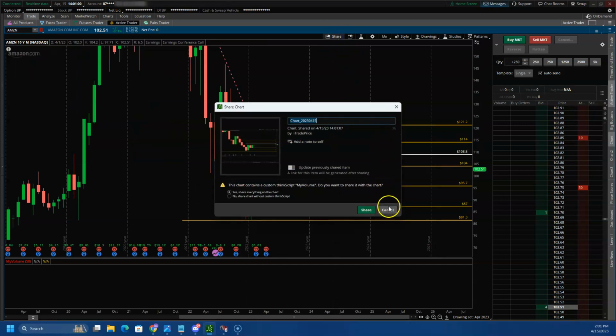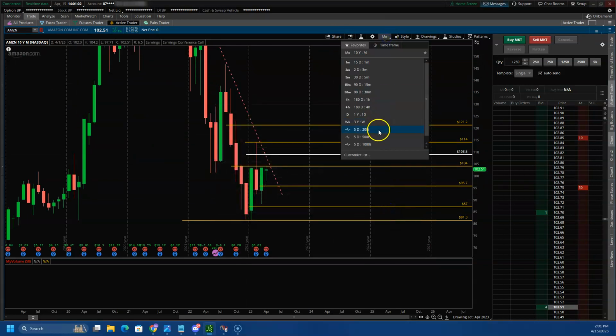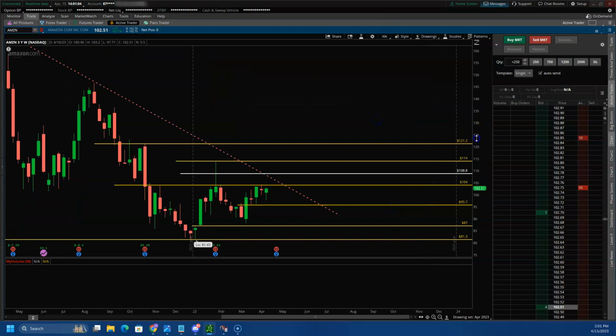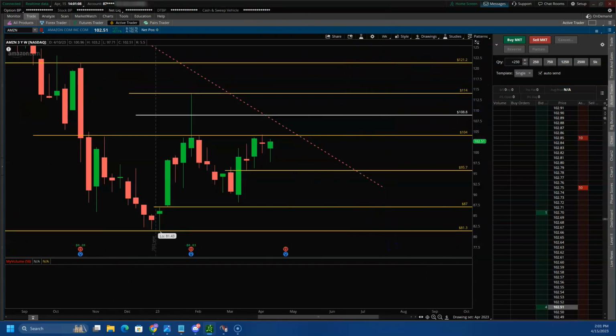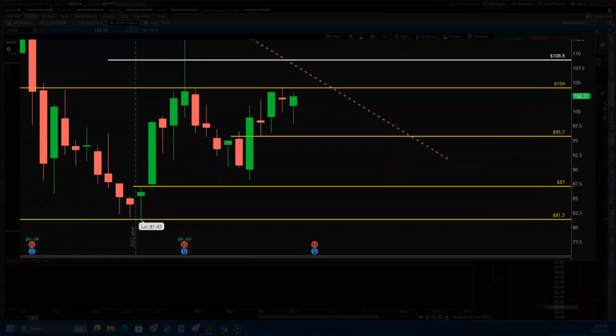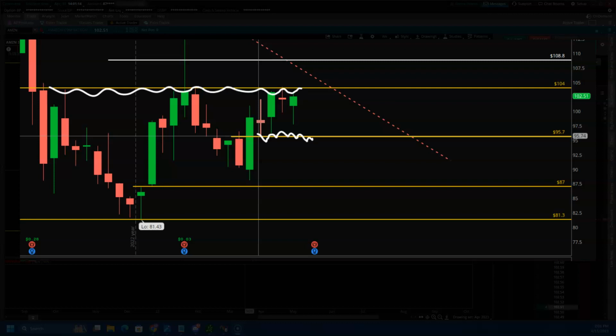These are more longer term, medium term targets. If you are playing on a day-to-day basis, then definitely there are other ways to trade this name. But you can see 104 is the recent resistance that we need to get above, and 95.7 remains the support. That's where we saw multiple touch points and bounces from, and this is where we have been seeing some rejections from.